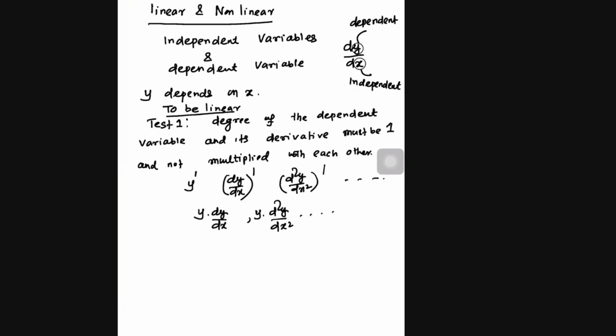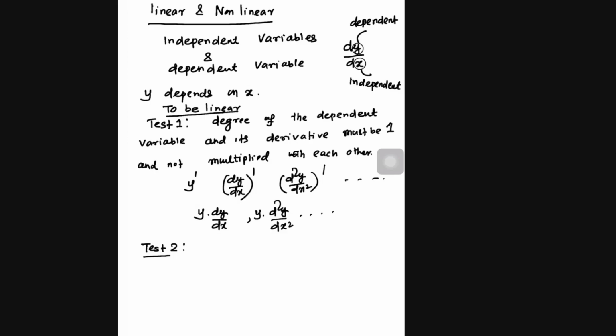Test 1: power must be 1, and they should not multiply each other. So if you find otherwise, meaning y power is 2, 3, 4, half, or they are multiplied, then it is not linear. Clear? Clear or not? Yes, clear for me.